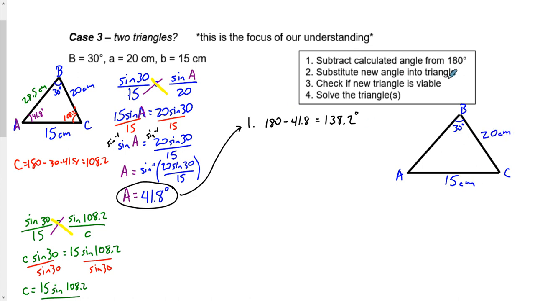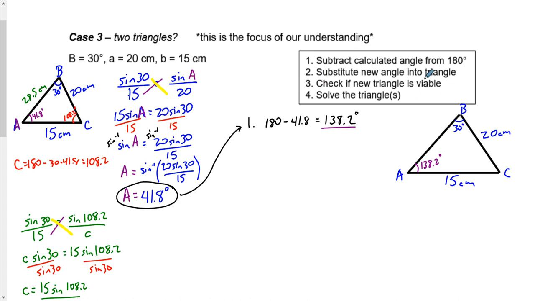But when I substitute the new angles in the triangle, where I wrote that 41.8, I'm instead going to write 138.2. Because I don't know whether this angle is actually 41.8 or whether it's 138.2. The sine ratios would be the exact same. So I really don't know whether this angle is one or the other.